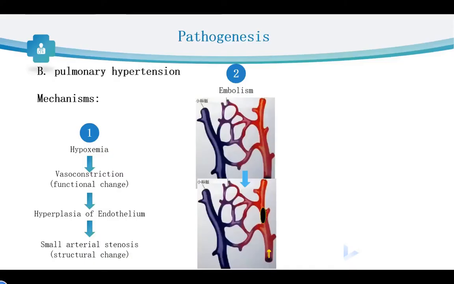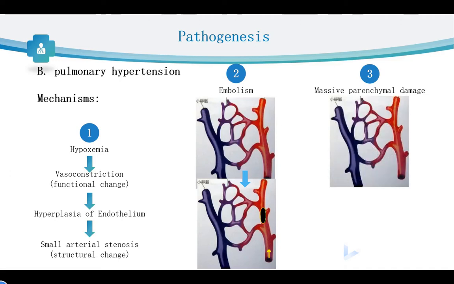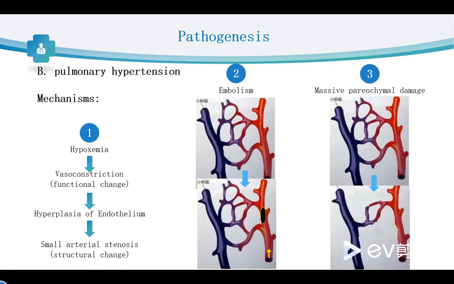The third mechanism of pulmonary hypertension is massive parenchymal damage. As the picture shows, once the patient gets emphysema, pulmonary fibrosis, or other diseases, the capillary network can be damaged, combined with massive parenchymal damage.